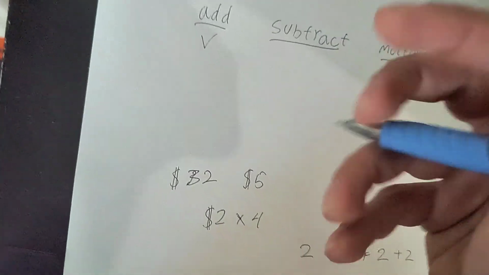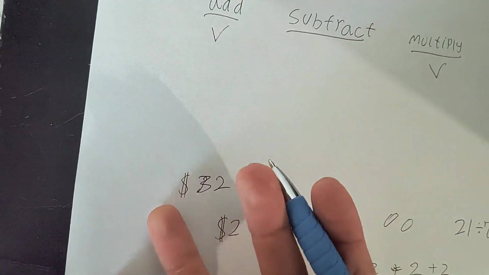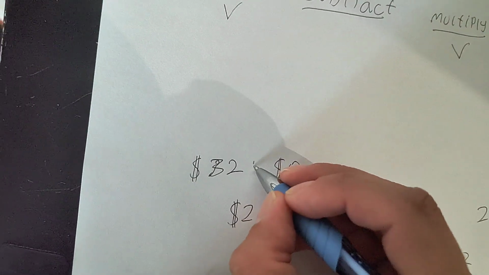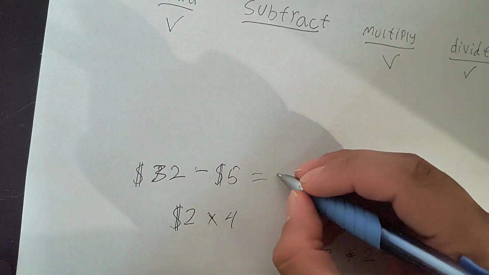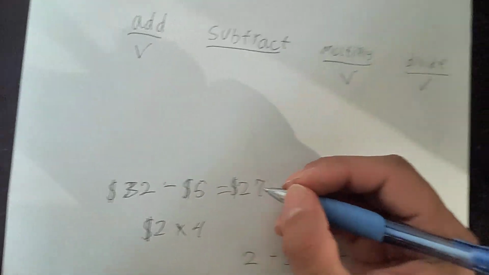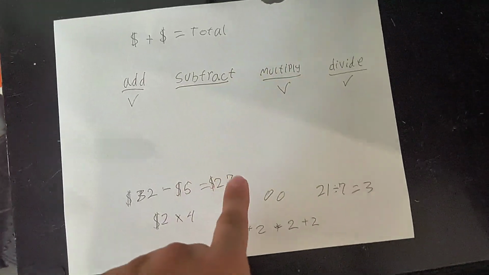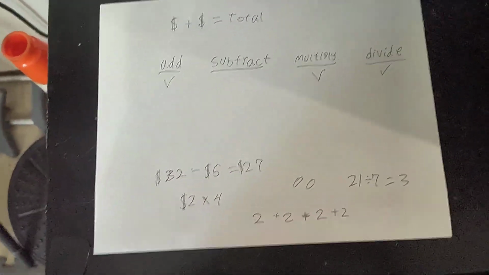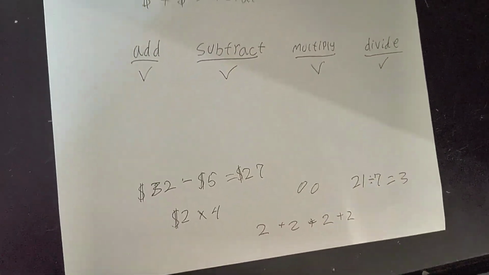So they can keep the 5 and then just give me the remainder, the difference between the $32 and the $5, which would be subtraction, which is equal to 27. So they would have to give me $27 back, because that's how much I overpaid. I gave too much. So we'd use subtraction, which you probably guessed.